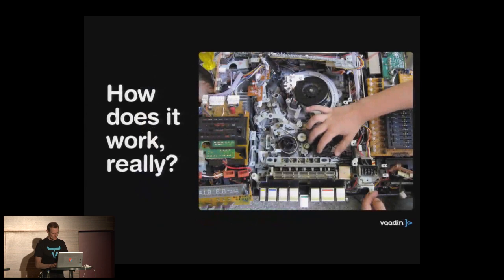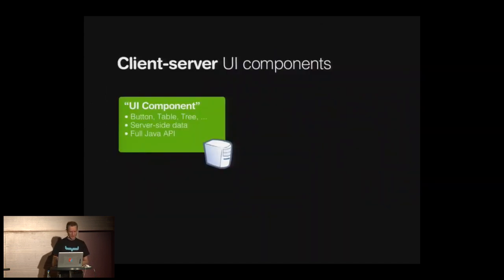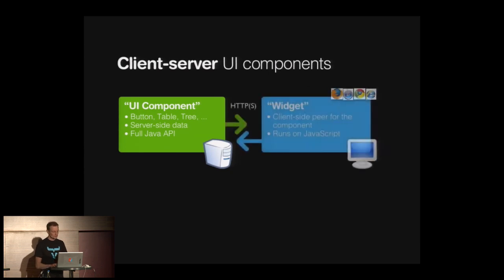Now I'm not sure whether this was shown in the previous session also, but a little bit about the component architecture. Everything in Vaadin is a component. It's a Java class, a Java POJO. Buttons, tables, trees, they are UI components. They have a counterpart on the client side, which communicates back and forth with the server and keeps in sync automatically.